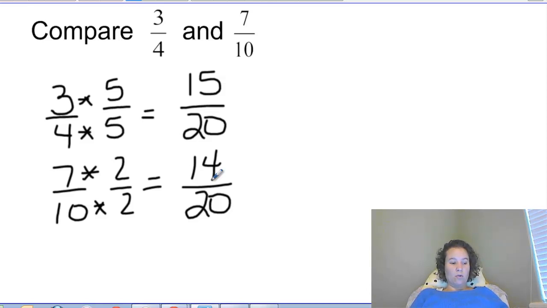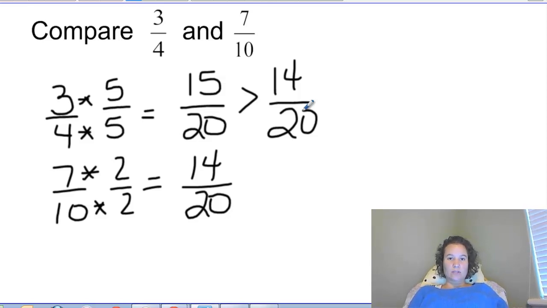So these are now two fractions that are equivalent to the ones I started with, but now they both have 20 in the denominator, so they're easy to compare. And I can see that 15/20 is greater than 14/20. Not very much greater, but a little bit greater because I have one more piece. So I can write a comparison using the greater than symbol showing that.